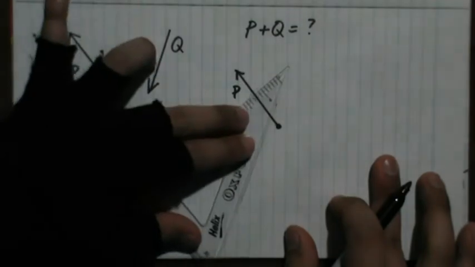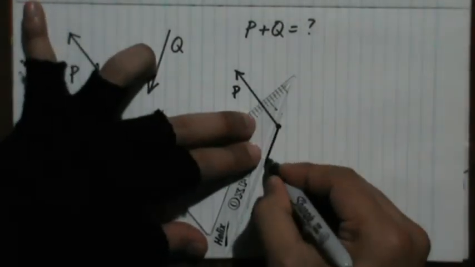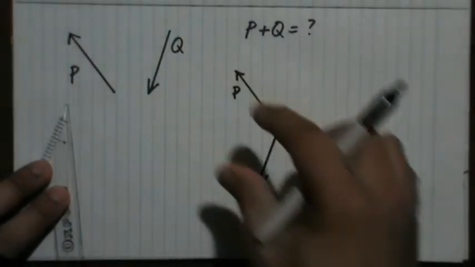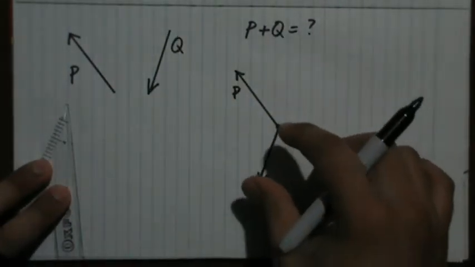And then vector Q here, like this, and the magnitude is the same here.